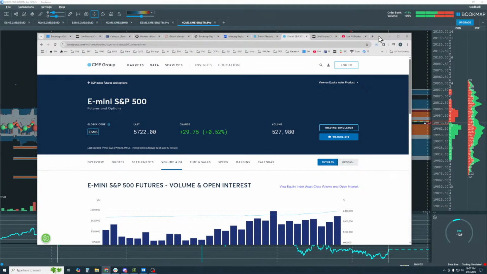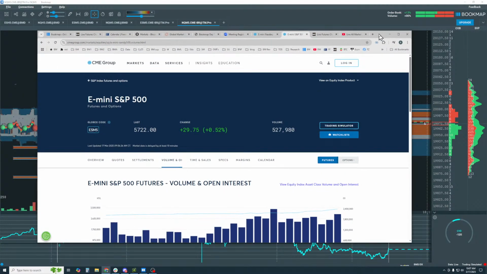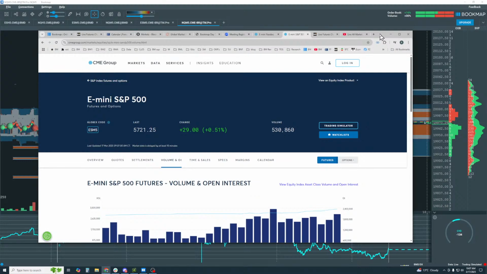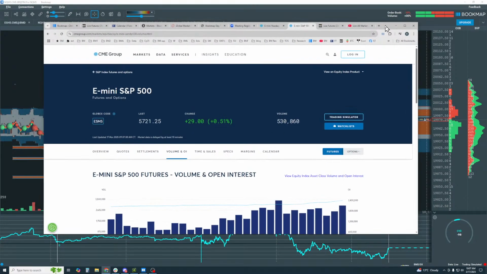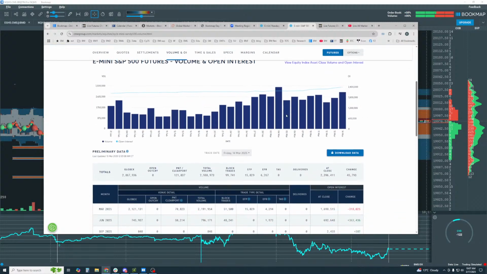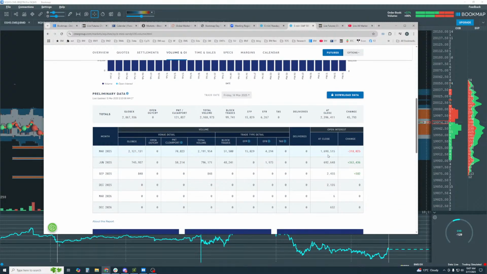The data is still good on the March contract. In fact, I have it up, we can take a look at it, but I'm looking at the M now. To be honest, I typically wait until the volumes roll over. If we scroll down a little bit, this is what tells me. The March contract, the total volume, and total open interest over here, and you see the change as well.